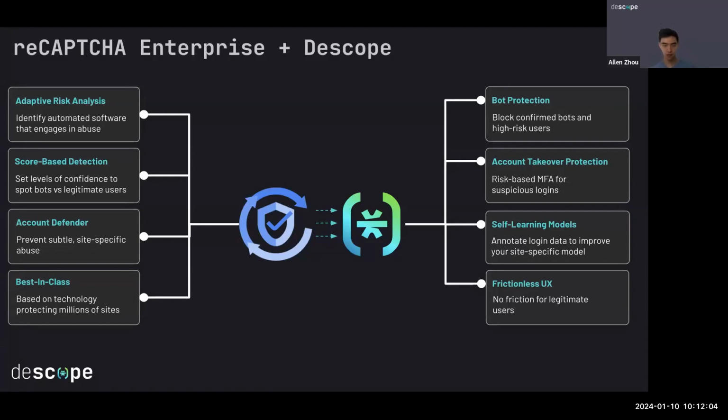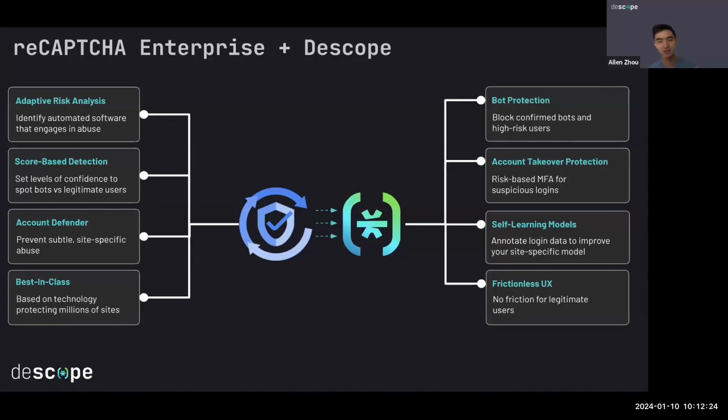In a second, when we demo, we'll be implementing reCAPTCHA into our flow, and you'll see how it can take literally a minute to implement into your screen and then into the actual logic of the flow.